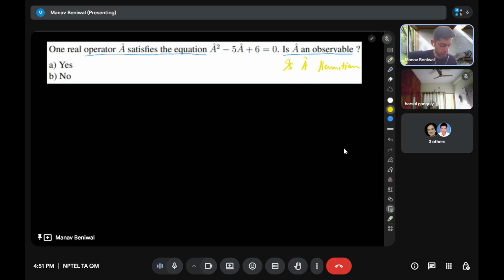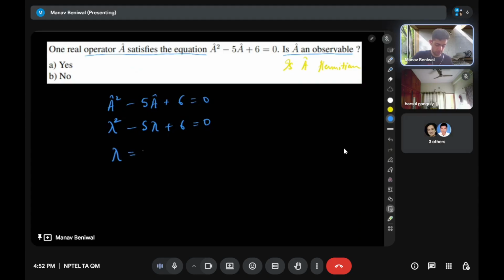So what is the equation? It is a quadratic equation, a squared minus 5a plus 6 equal to 0. Let's write it in terms of lambda, where lambda are the eigenvalues. So what are the roots of this equation? 2 and 3.